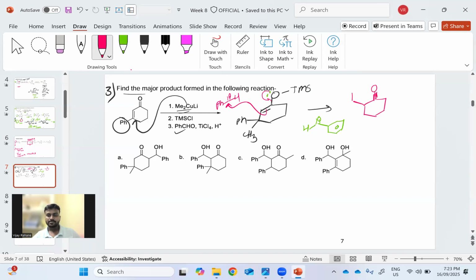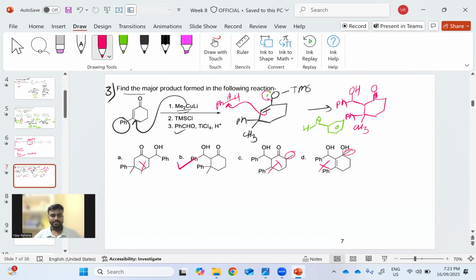Further here there will be an OH, then there is Ph, and here the methyl, which is from the organocuprate. So this is the product formed in this reaction. So we'll neglect the wrong options because they have shown the attack here, and also other options. This methyl attack here is again wrong. So option B is the correct option here.